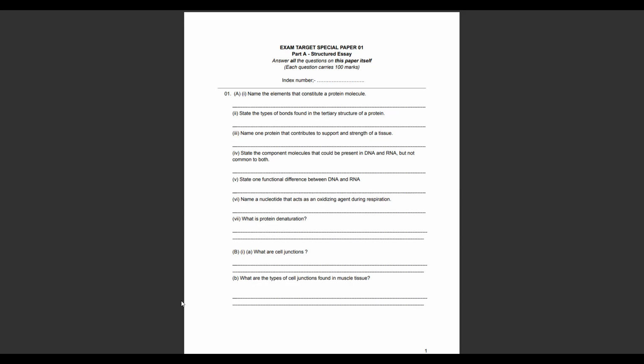But your answer should contain these points. Loss of specific three-dimensional shape. Second point, due to alteration of weak chemical bonds and interactions. Right? Your answer should contain both points to get those two marks.